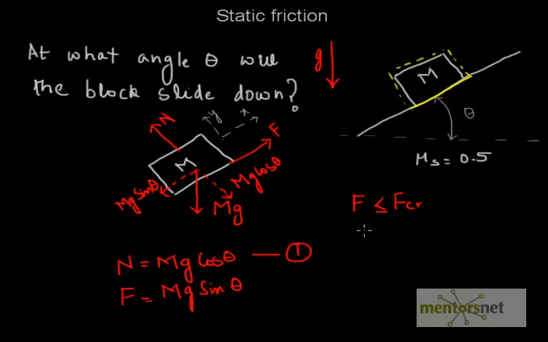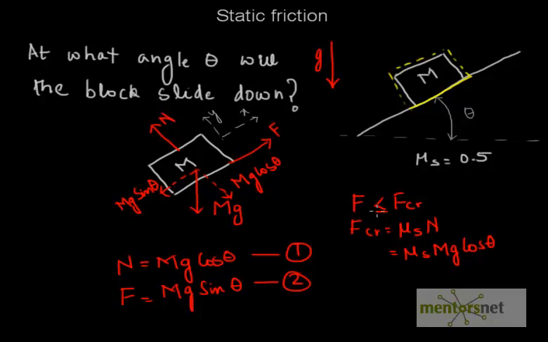So we know that F is equal to mg sin theta. This is equation number 2. And we also know that F critical is equal to mu s into N, and from the first equation, this is equal to mu s into mg into cos theta.